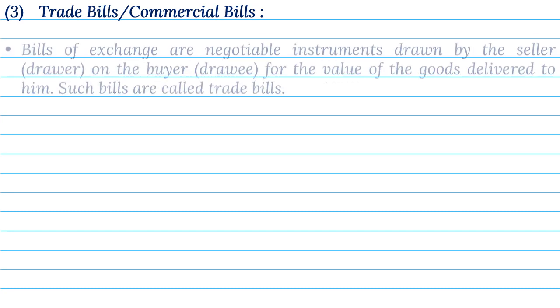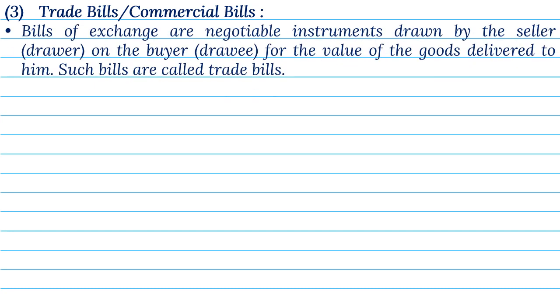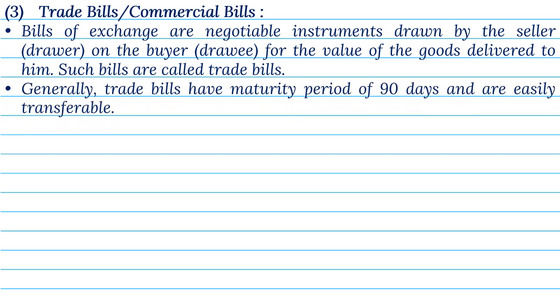3. Trade bills or commercial bills. Bills of exchange are negotiable instruments drawn by the seller, drawer, on the buyer, drawee, for the value of the goods delivered to him. Such bills are called trade bills. Generally, trade bills have maturity period of 90 days and are easily transferable.